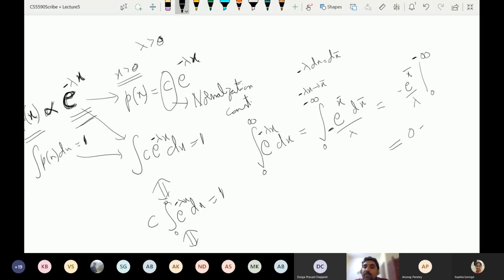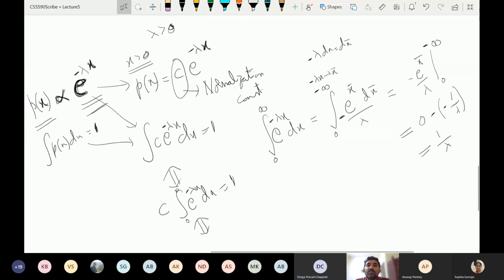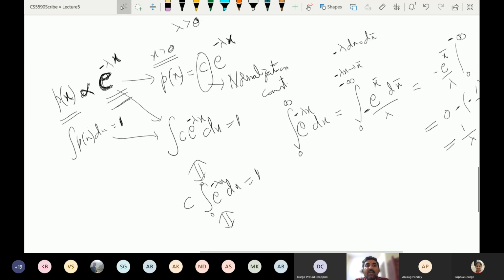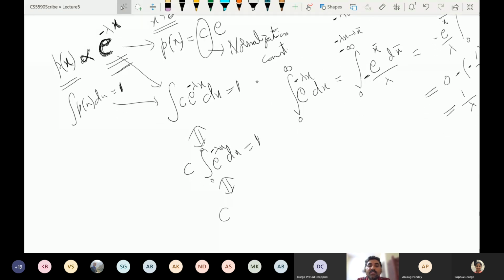So I have 0 minus of minus e to the power of 0, which is 1 by lambda, right? So that's finite, so good. That means this function can be a valid likelihood function. So what is the corresponding normalization constant? C into 1 by lambda should be 1. That is if and only if C equals lambda.